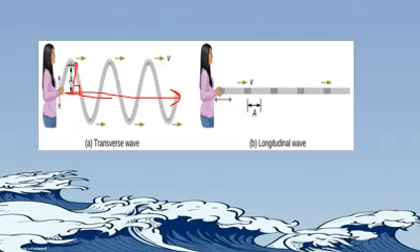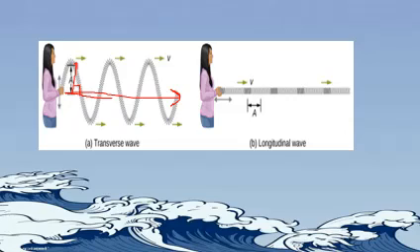Okay. A longitudinal wave. We said an example of a longitudinal wave is what? Sound waves. In a sound wave, the wave is longitudinal because what? Because it vibrates particles of air parallel to the direction of propagation. A sound wave traveling through air is an example of a longitudinal wave.